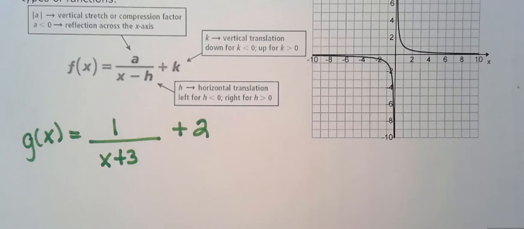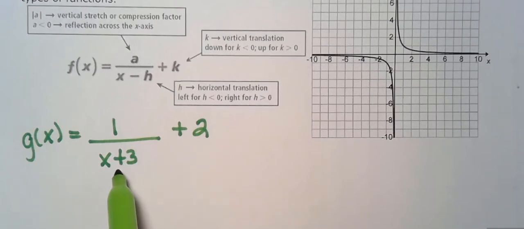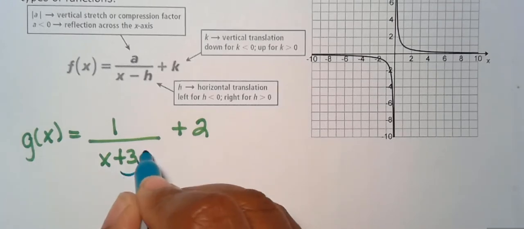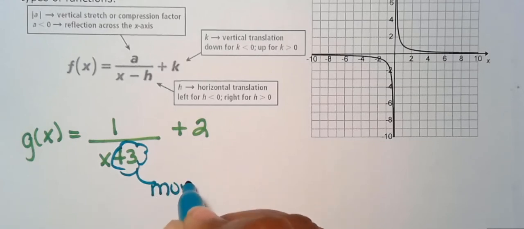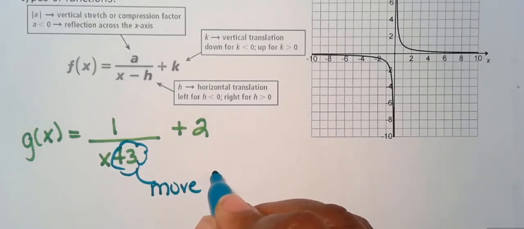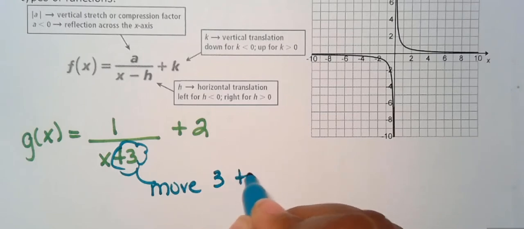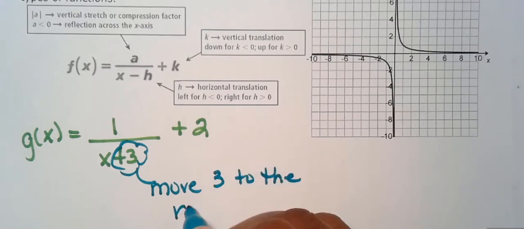So here we have our h, which is positive 3. This is going to move 3 units to the right.